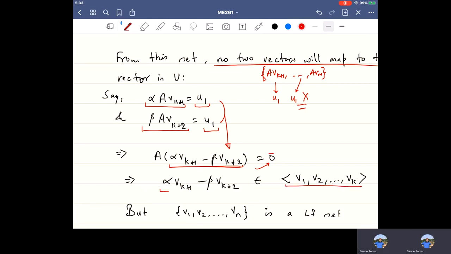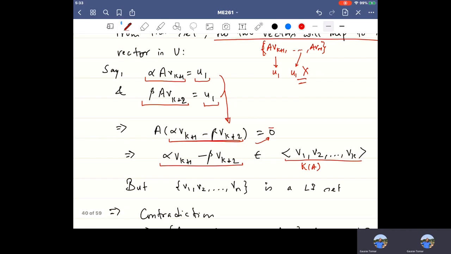That means alpha v k plus 1 minus beta v k plus 2 is essentially a vector from the null space spanned by v1 to vk. In that case, we should be able to write alpha v k plus 1 minus beta v k plus 2 in terms of vectors v1 to vk.